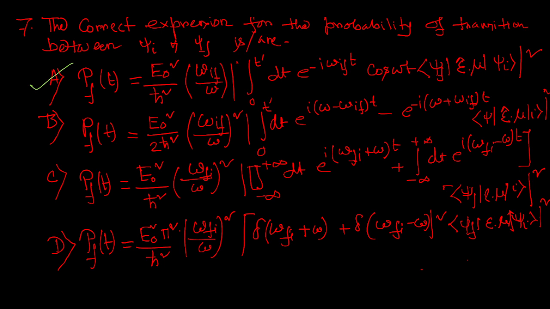Now this expression has a minus, so it is incorrect. And this is correct, so only a fourth term is missing, otherwise the expression is correct. That's just an addition or multiplication of a constant. Okay, so next.